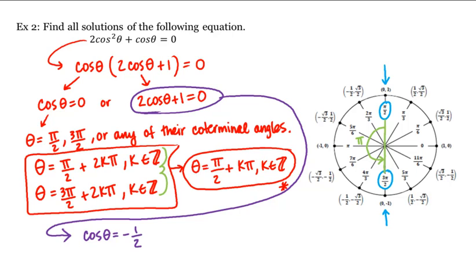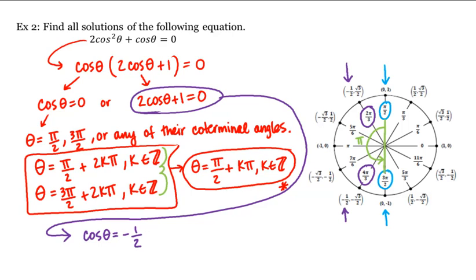So looking over here at our unit circle, we see up here in quadrant 2 that the x-coordinate of this point is negative 1/2, which corresponds to this angle of 2 pi divided by 3. But also down here in quadrant 3, the x-coordinate is also negative 1/2, which corresponds to this angle of 4 pi divided by 3. Which means both of those angles have cosine equal to negative 1/2, but so do all of their coterminal angles.